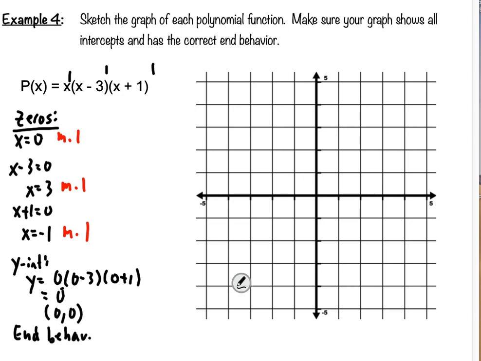End behavior. End behavior of the graph here, we have an x here, and then times x times x. And we get x to the third. So that has a degree of 3.